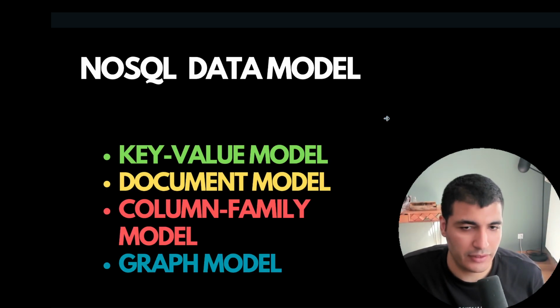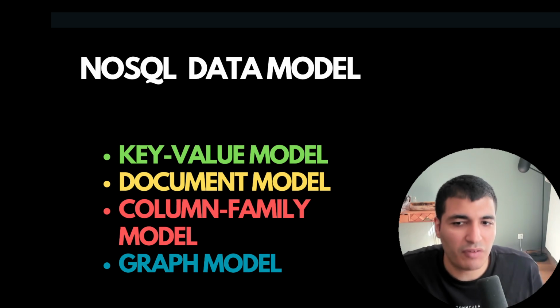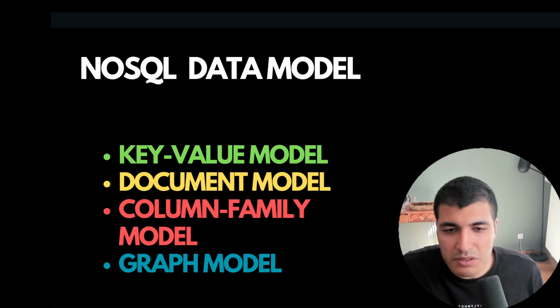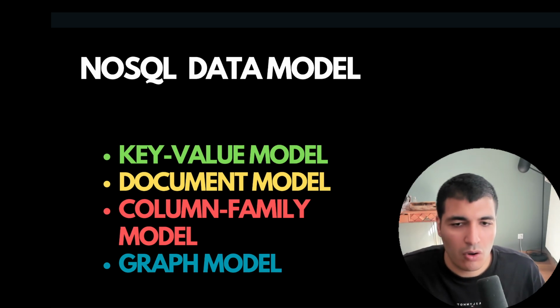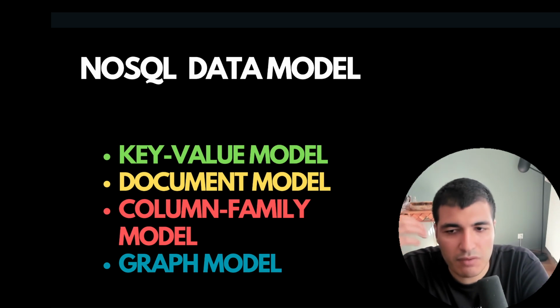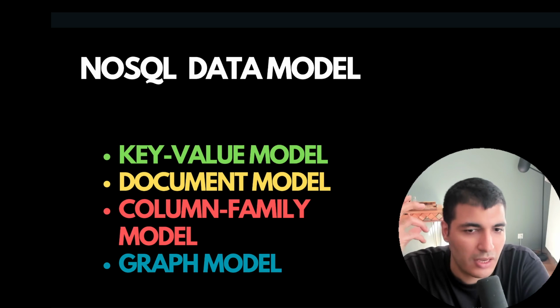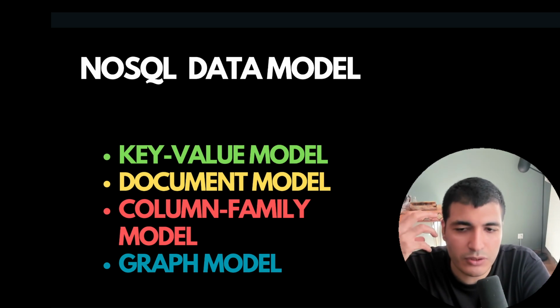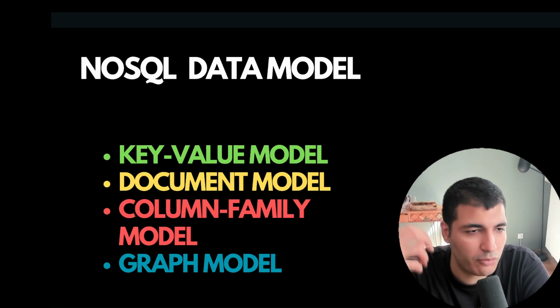NoSQL, on the other hand, empowers flexible, non-relational data models. This means there isn't one single way to organize data. Instead, there are several different models, each suited for different kinds of data and access patterns. So we need to look at a few common ones.